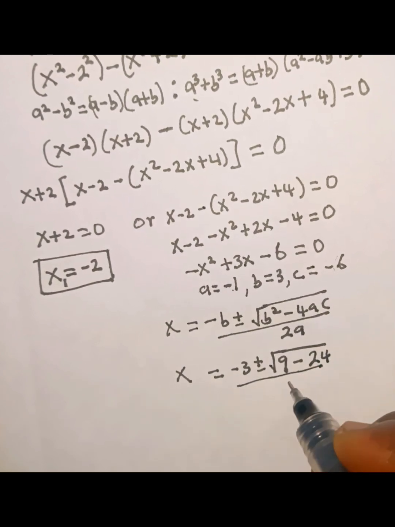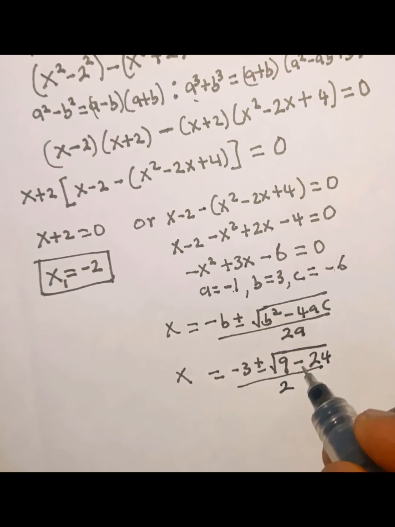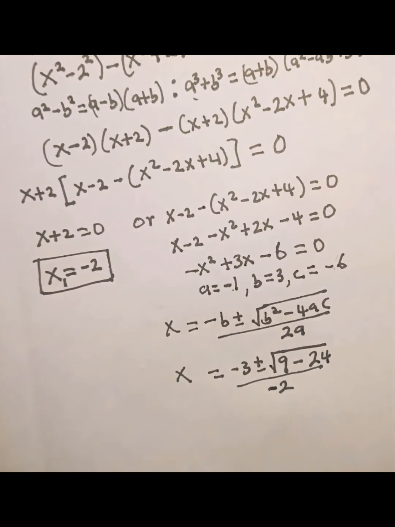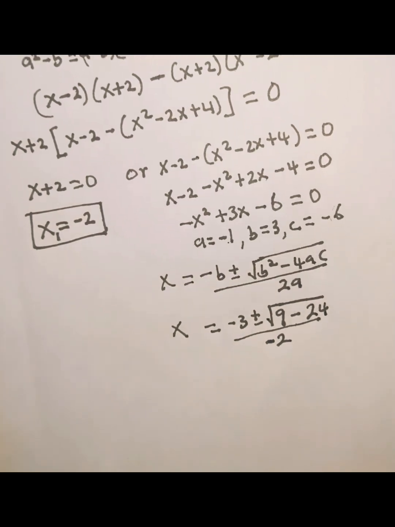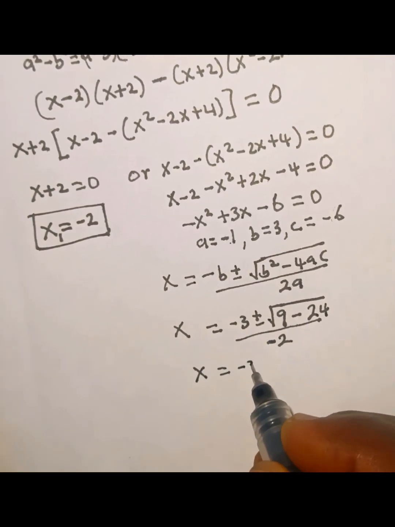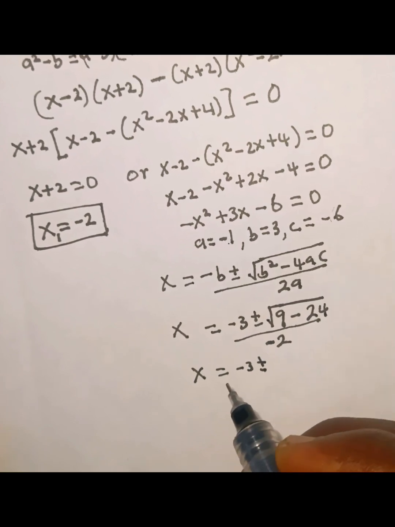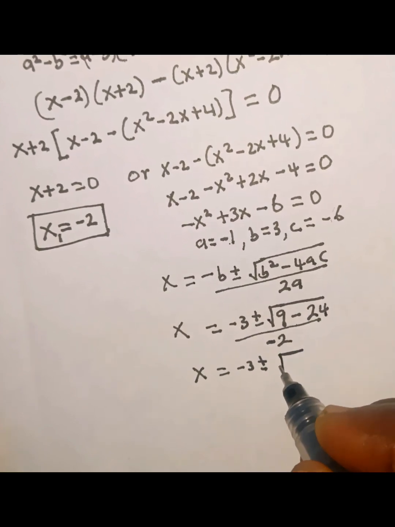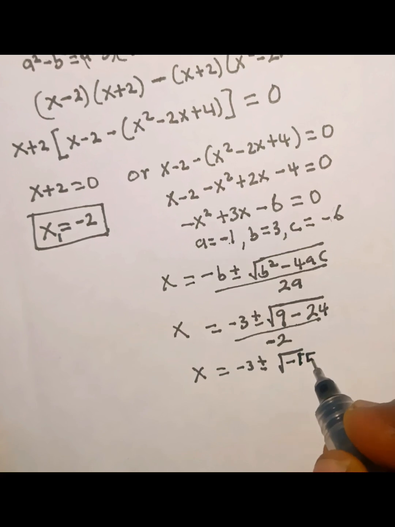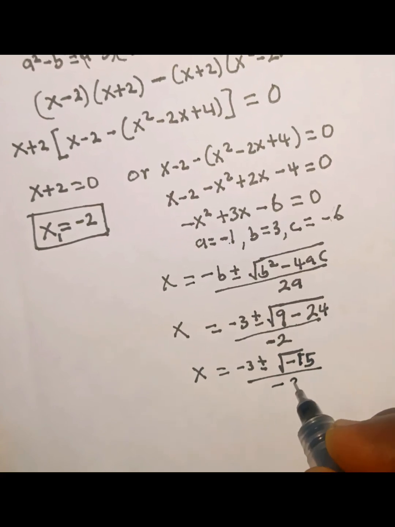So everything all over 2 multiplied by a, which is going to be -2. 2 multiplied by -1 is the same as -2. Now here we have x now will be equal to -3 plus or minus square root of 9 minus 24 is going to give us -15. Then everything all over -2.